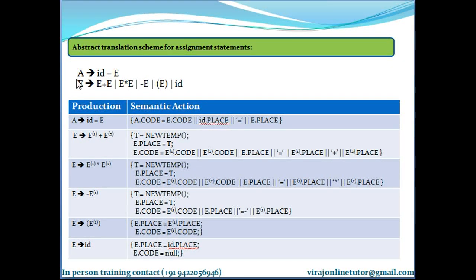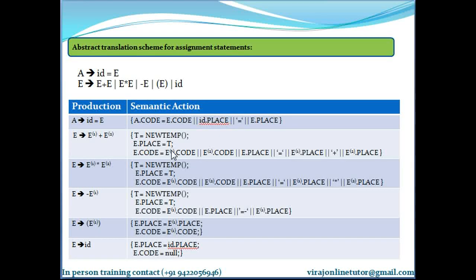This is basically a grammar for an assignment statement where E is an expression that can be E plus E, E multiplied by E, minus of E, open bracket E close bracket, and id. E can boil down to any of these expressions, and whatever is the output of the expression, I assign back to id. id is an identifier, and A depicts the assignment statement.